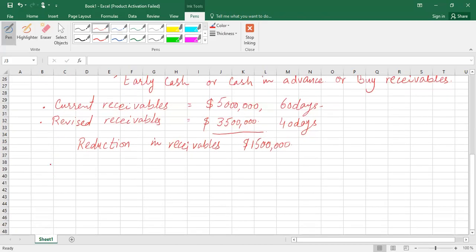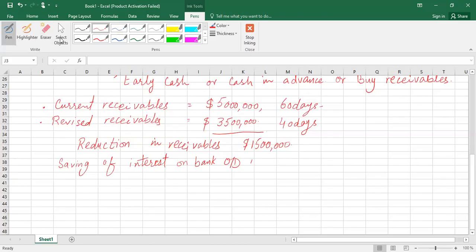Now a reduction in receivables means what? It means there is saving of interest on bank OD. Why?